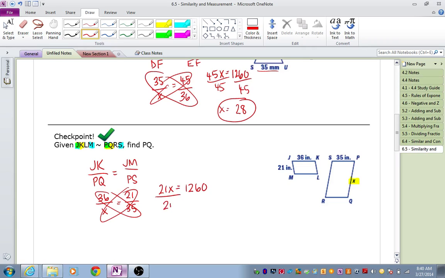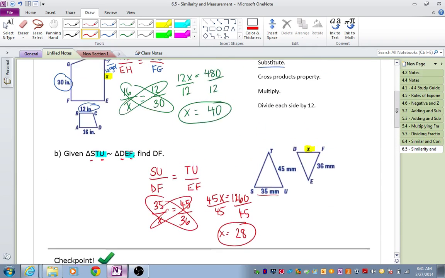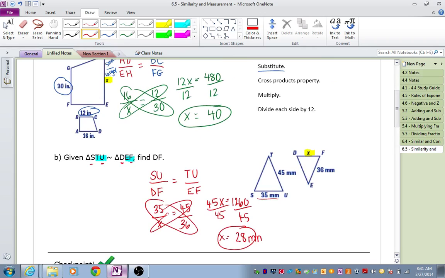And we divide by 21. And we get that x equals 60. And actually, I haven't been putting my units in, so we're going to say 60 inches. And let's go back and change this, so 28 millimeters. And this is 40 inches.